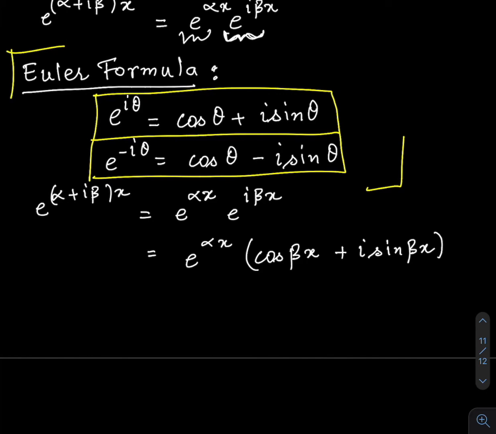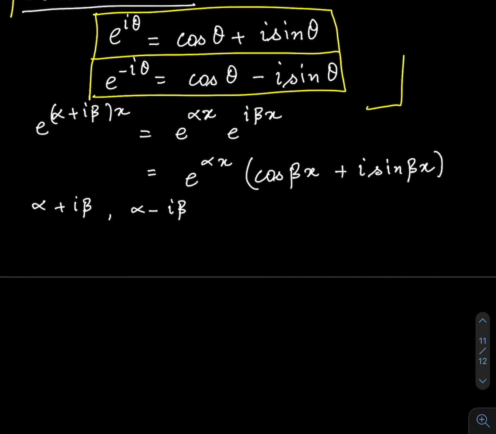Whenever we have a complex root, they always occur in pairs. What I mean by that is, if alpha plus i beta is a root, then alpha minus i beta is also a root.